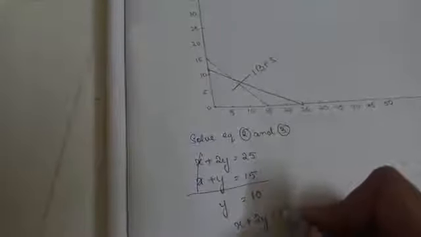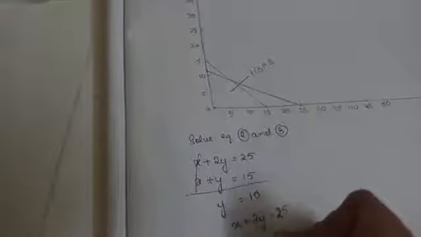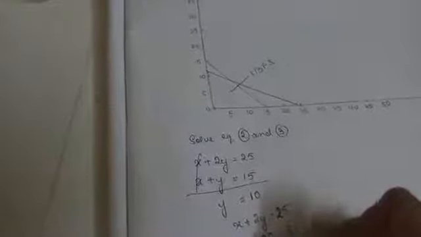Sorry, this is 25, isn't it? Okay, x is 5. So the coordinate is 5 and 10.